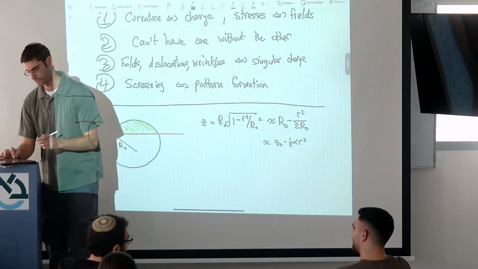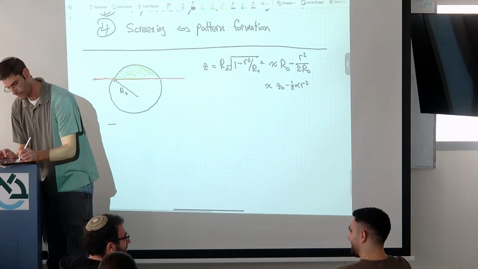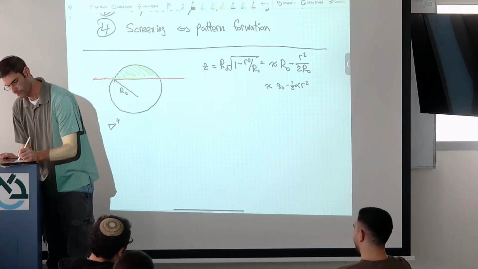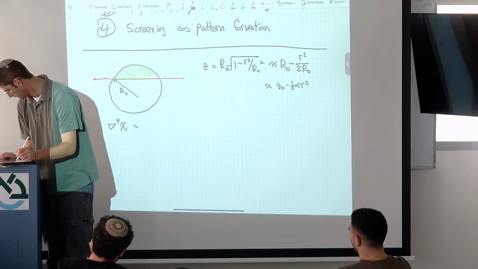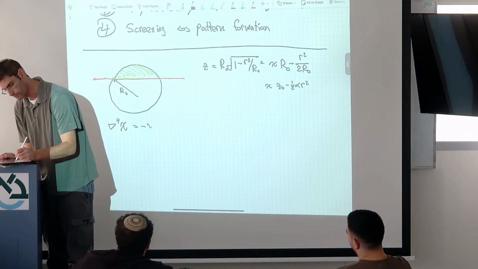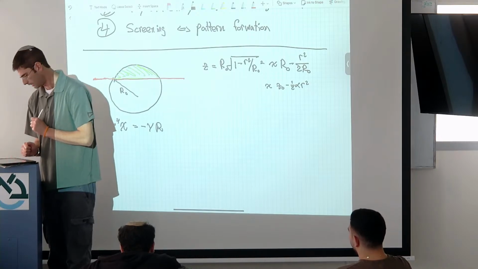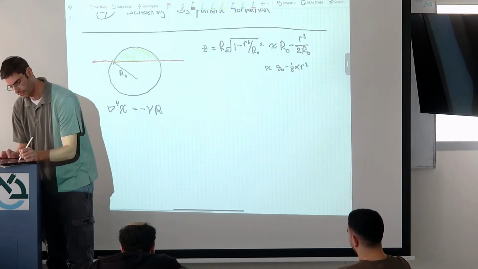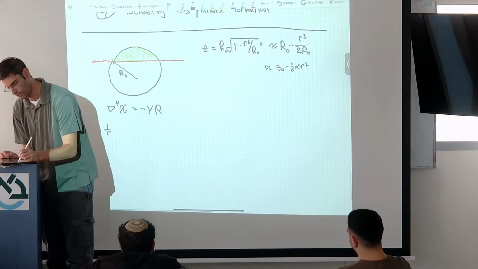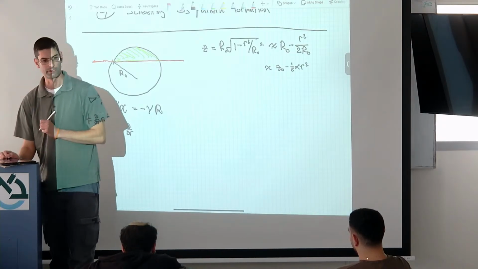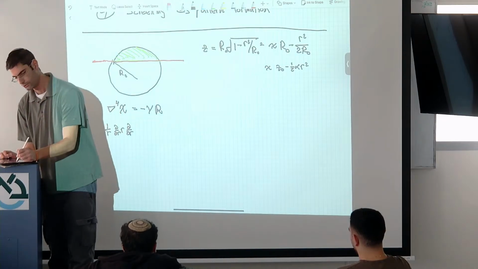So I remind you that the equation of motion is the fourth derivative of chi is equal to minus Y, which is just some coefficient, times the Gaussian curvature. Okay. So in polar coordinates, this is 1 over r, d by dr, r, d by dr. This is the Laplacian, right? Squared.